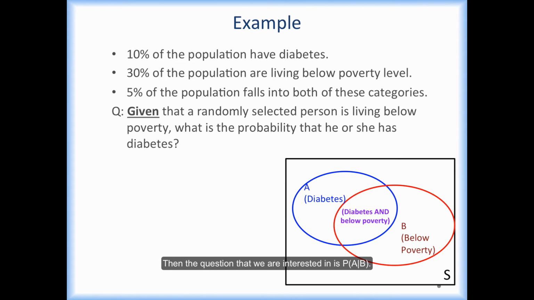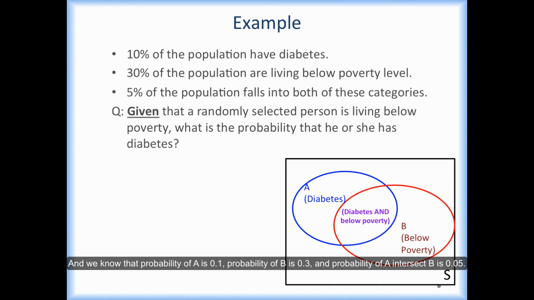Then the question that we are interested in is the probability of A given B. We know that the probability of A is 0.1, the probability of B is 0.3, and the probability of A intersect B is 0.05.